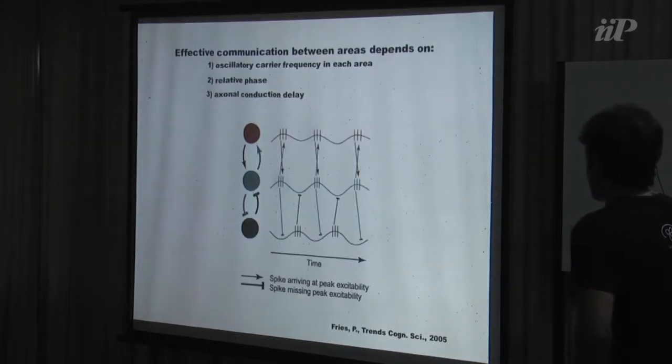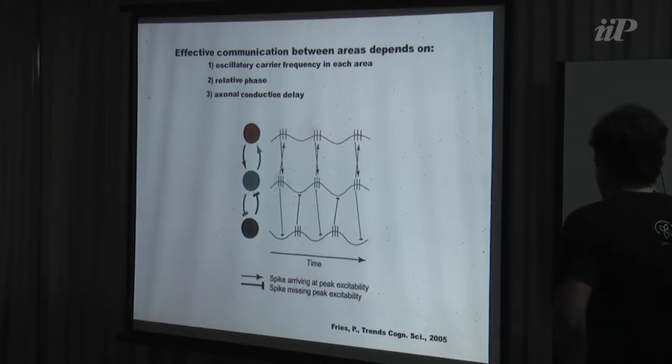And nowadays we have these theories about how brain waves could be useful for communication. The idea is that they would lead to waves of depolarization and hyperpolarization inside the cell. So these would be different brain regions, and if a given region was synchronous with another, up to the conduction delay of the axon, they would exchange information better than if the brain waves in a given region are not phase locked with the other one.